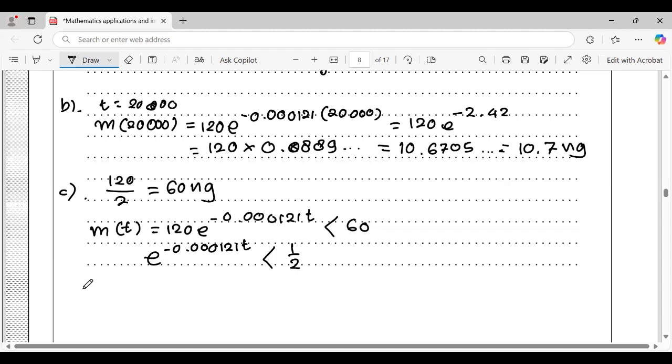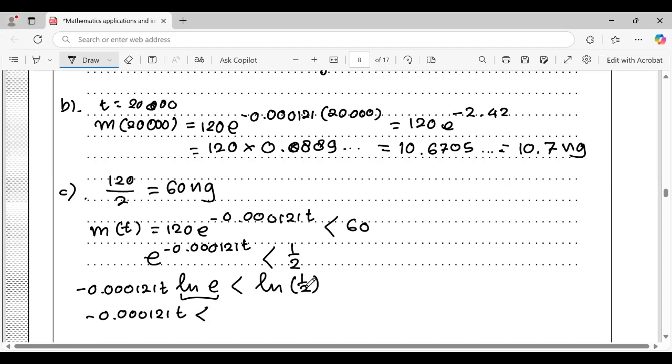Based on the log rule, we can write minus 0.0000121 t times ln e is less than ln 1/2. So ln e equals 1, and minus 0.0000121 t is less than ln 1/2, which is minus 0.69314.